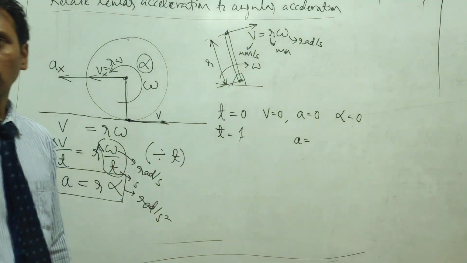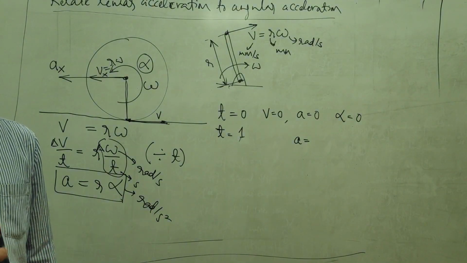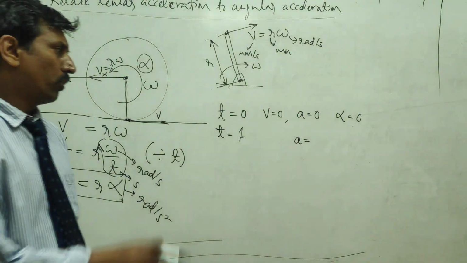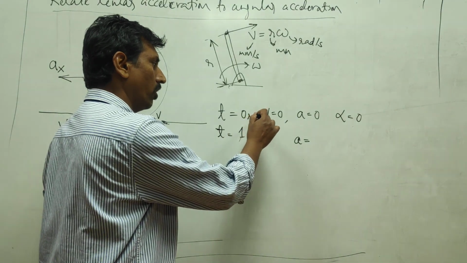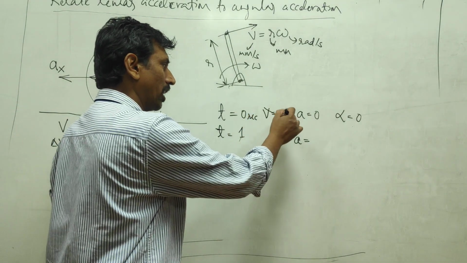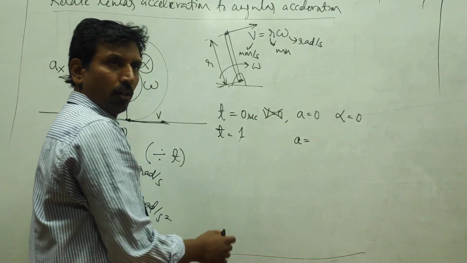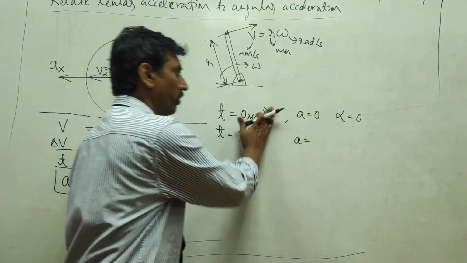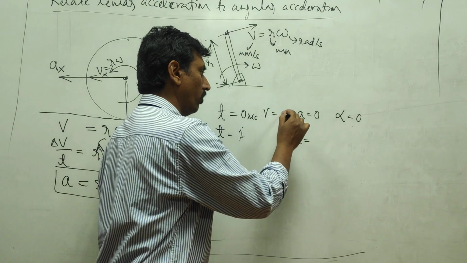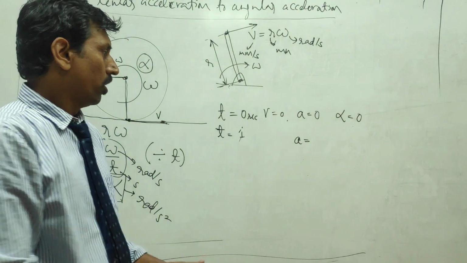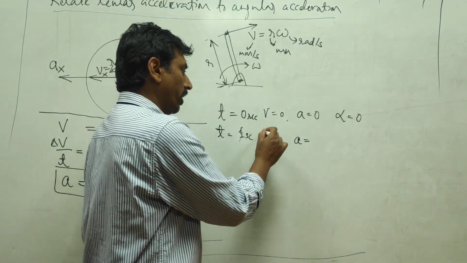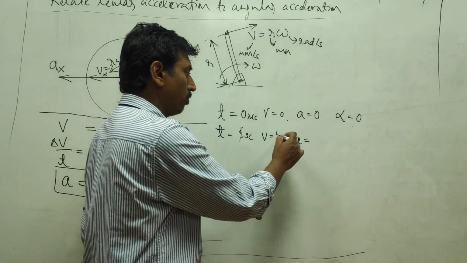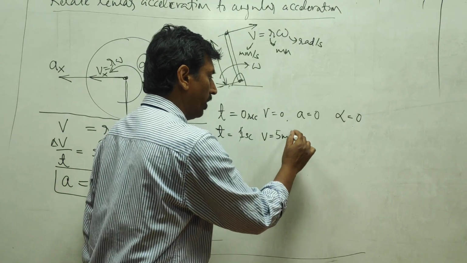We don't want to complicate with numbers, we just want to know the procedure, that's it. At 0 seconds, v is equal to 0. And after 1 second, let the velocity of this body be v is equal to 5 meters per second.